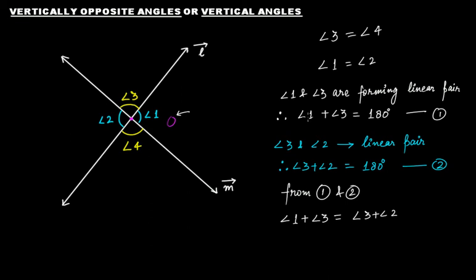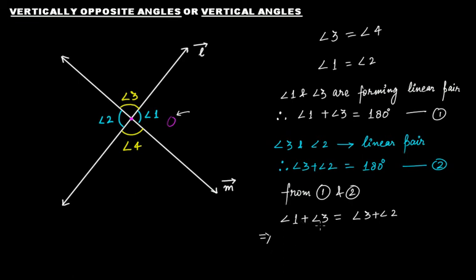And why? Because angle 1 plus angle 3 is equal to 180 degrees and angle 3 plus angle 2 is also equal to 180 degrees. It means that this sum is equal to this sum. What does it imply?